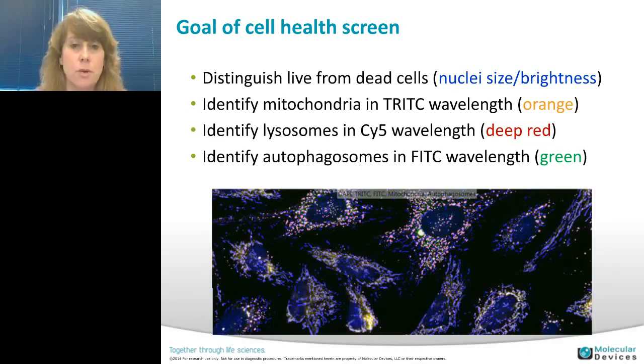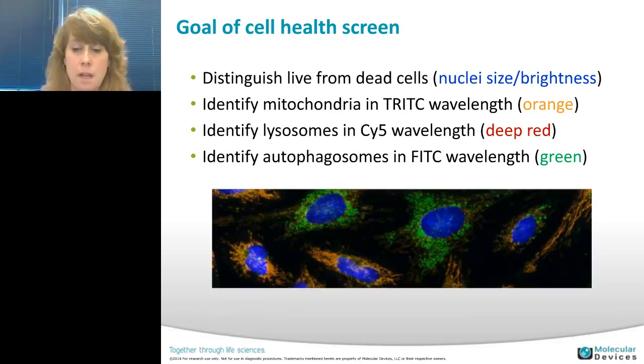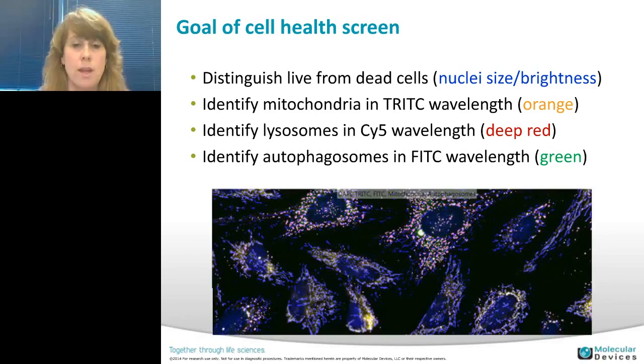This picture shows a mask. As you can see here, the autophagosomes are showing up in green, the nuclei are blue, and the mitochondria are orange. The mask that I'm showing is, in this case, showing the autophagosomes being found by the pink overlay, and the mitochondria being found by the electric blue overlay.